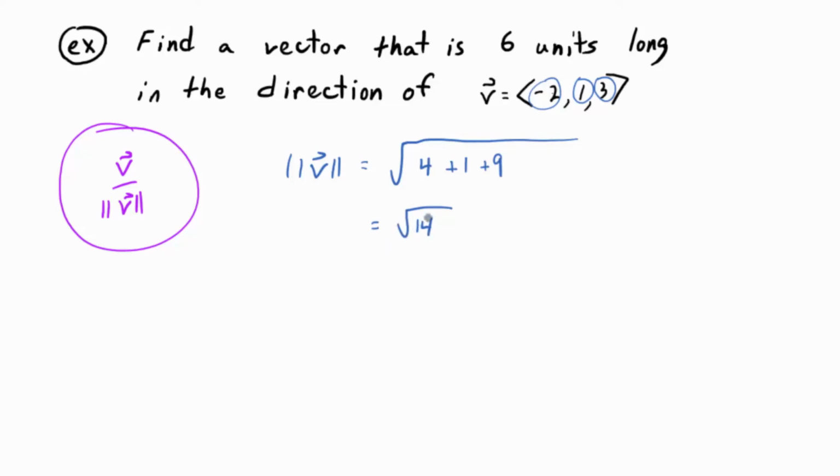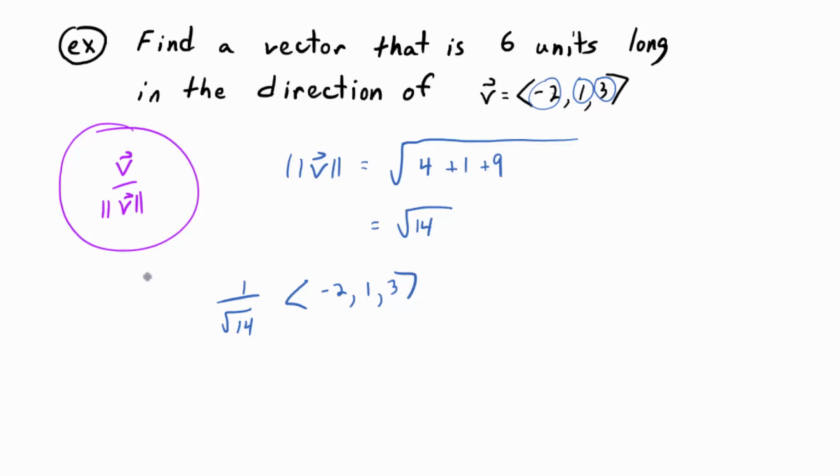Okay, so the unit vector would be 1 over root 14 times the given v. And if you were just looking for the unit vector, you could stop there. But we want a vector so that if you were to find the magnitude of that vector, it'd be 1 unit long. But if we want a vector 6 units long, just multiply by the scalar 6, and you have it.